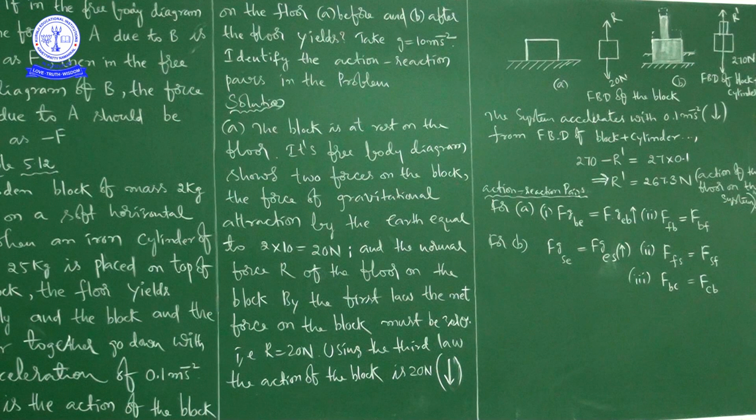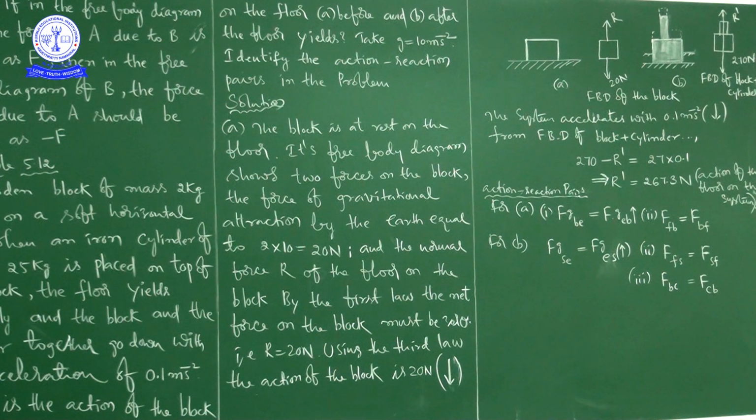You may have one doubt. Why am I writing 270 minus R dash? Why not writing R dash minus 270, right? That is based on the situation. That's why every time I mention, based on the given situation. Here the floor is yielding. When will the floor yield? When the downward force is greater than the upward force.